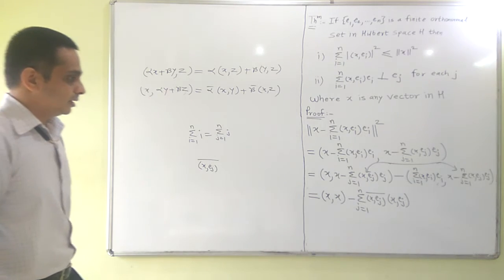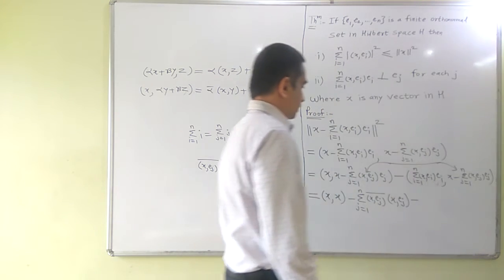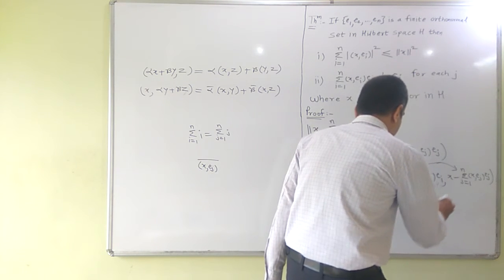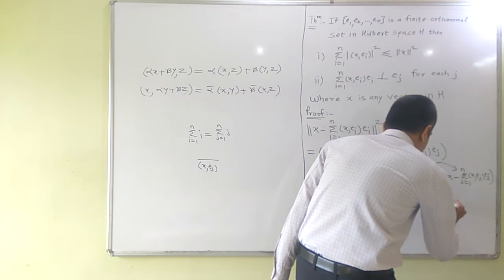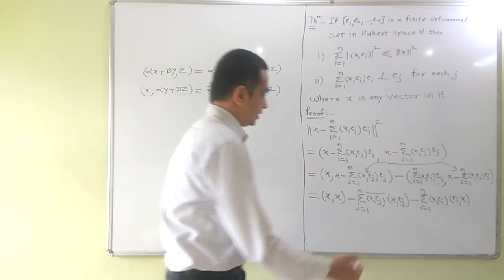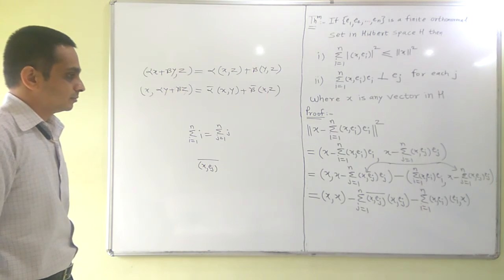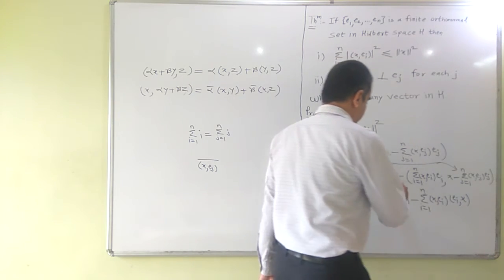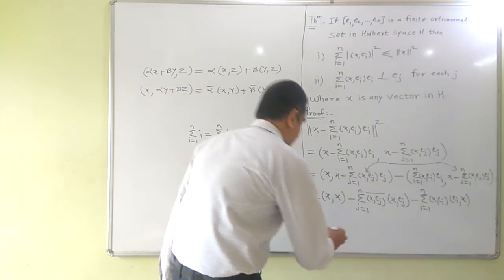Okay, minus, the next step is to simplify this. So this will distribute over here, so that will be the sum i equals 1 to n of inner product x, ei and inner product ei, x, and the last term will be minus minus, you can write it as plus.